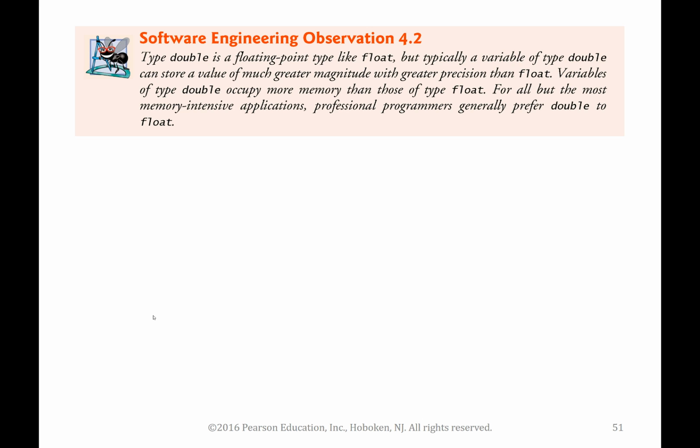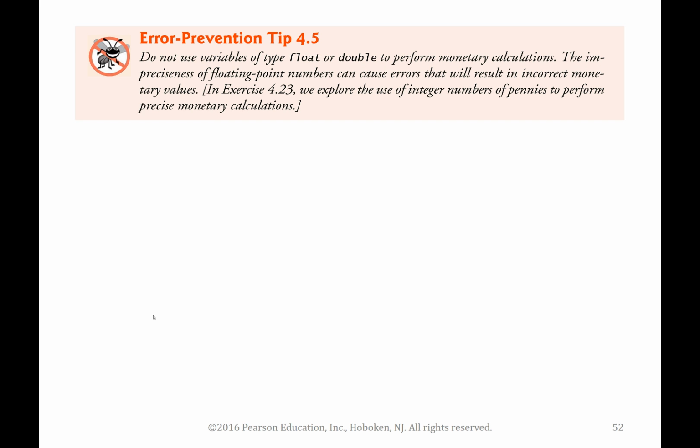So if you're dealing with financial issues, double is almost always the case, because you need the accuracy. Even though they calculate pay based on down to the cent, not to the fraction of a cent, when banks keep track of information, those fractional parts add up.